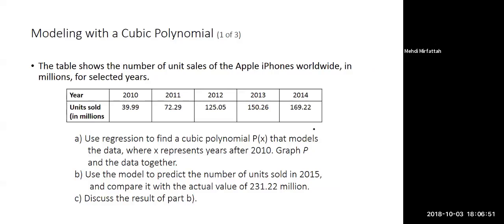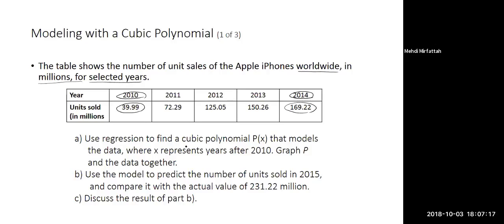This would be another example. The table shows the number of unit sales of Apple iPhones in millions for the selected years. So here we have years 2010 all the way to 2014, and that would be the number of Apple iPhones sold.